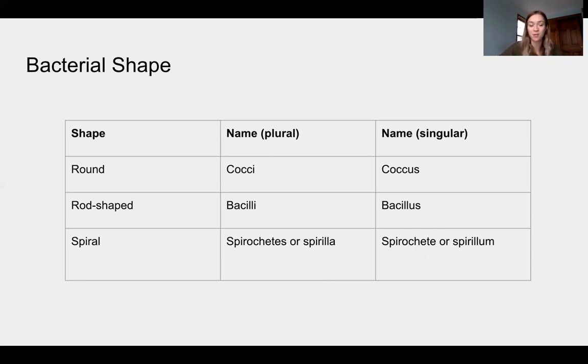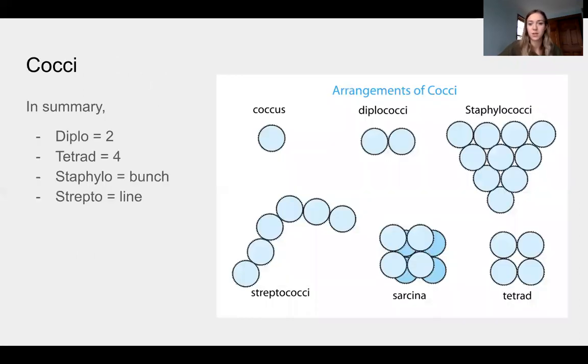Similar way of remembering rod-shaped bacilli: all the I's and L's right there are long, skinny, and look rod-shaped. It might not work for you, but that's what worked for me. And then the spiral shaped ones are pretty easy to remember because it basically says the word spiral in the name. There are a few more subclassifications of that.